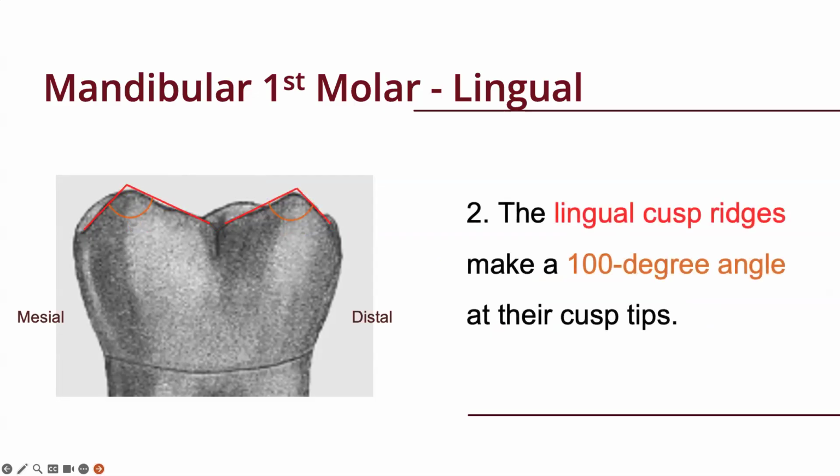The lingual cusp ridges make a 100-degree angle at their cusp tips, so a little bit more of an obtuse angle compared to the other cusp ridges.